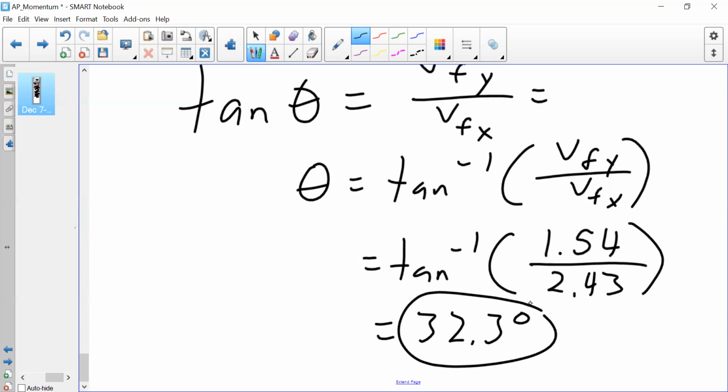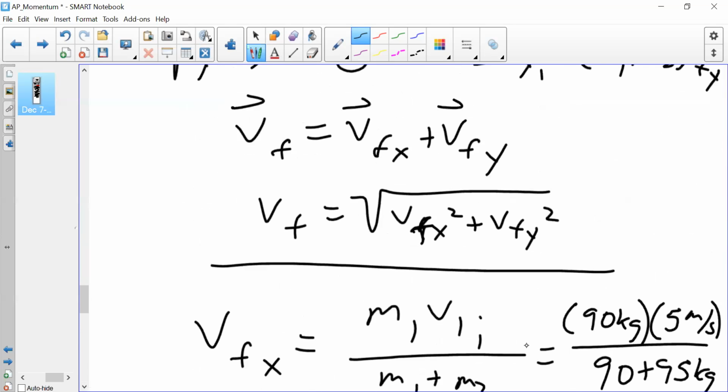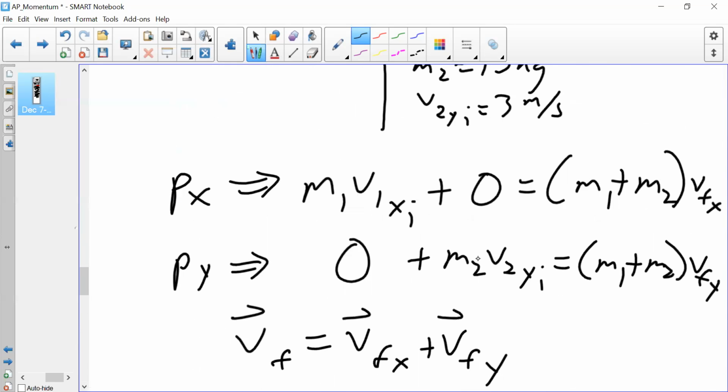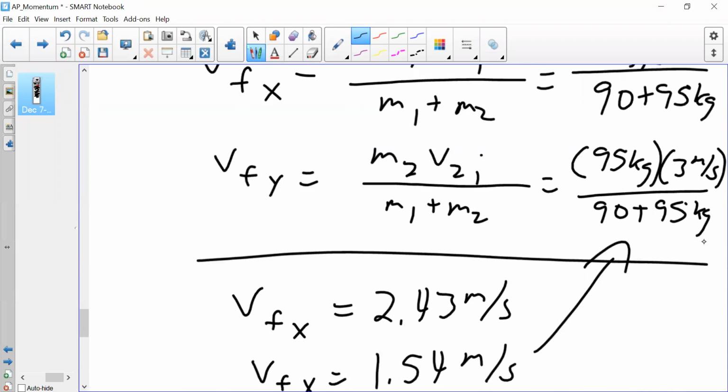That's the direction. So even if you could cut out this last step, this is not bad. You've seen this before. Instead of using your V1 FXs and such, you could just put the angles in there, like VFY sine theta and VF cosine theta, and then you get a tangent expression and all that stuff.